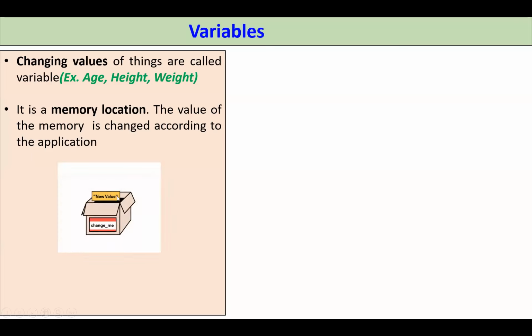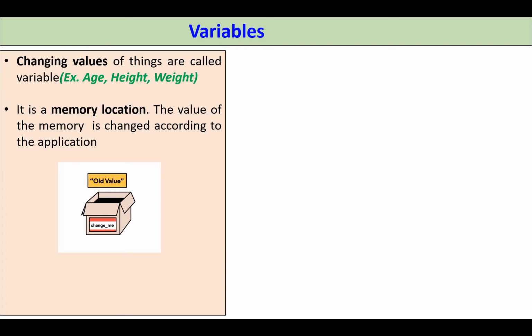You can get some idea from here: the old value goes out and the new value goes into the box. The next time you run, the new value becomes the old value and goes out, then a new value goes inside.